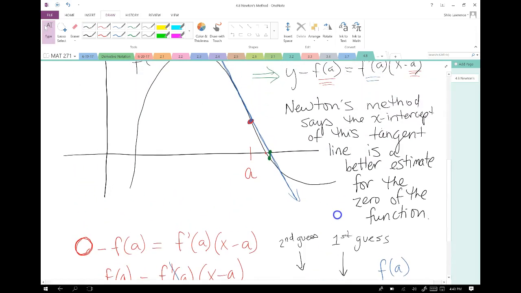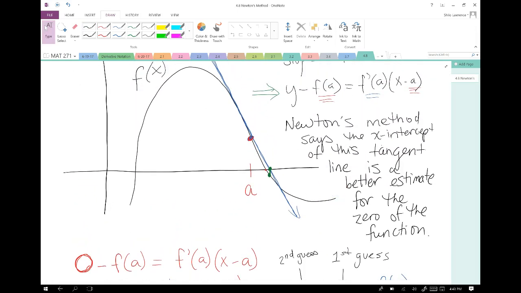So if we did this again, we would take the x-intercept of our tangent line and we would follow it down to the function, and we would now draw a new tangent line at that spot, and wherever its x-intercept is, which is, and I made that a little bit too thick, so it's hard to see, wherever that new tangent line has an x-intercept is going to be an even better guess.